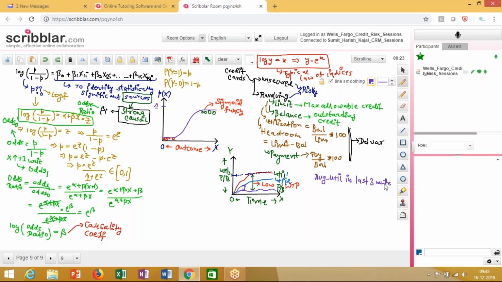Now the next set of variables that we also look into is average utilization up to the ninth month. Say in the period of the last 12 months, right?